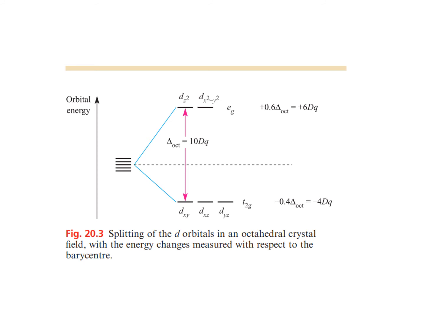But for Miessler and Tarr, they use positive 0.6 delta oct for the Eg and positive 0.4 delta oct for the T2g. Whether or not, what is very important is that the splitting would be 2/5 and 3/5. That is what is important, regardless of whether it's negative or positive. So every book would have a different representation for the splitting diagram.